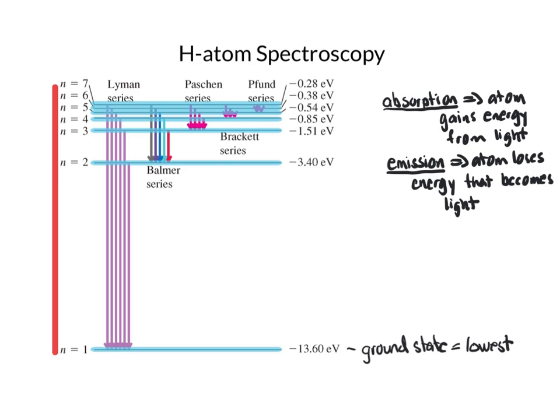So one thing we know is that energy is conserved. So if we start out with some light, some energy with the light, and we have the energy of the atom initially, that amount of energy has to be equal to the amount of energy that we end up with at the end.